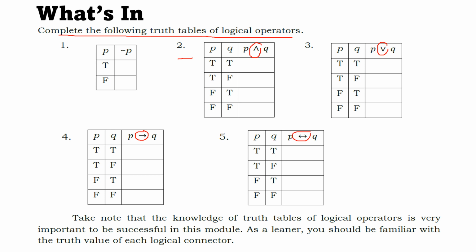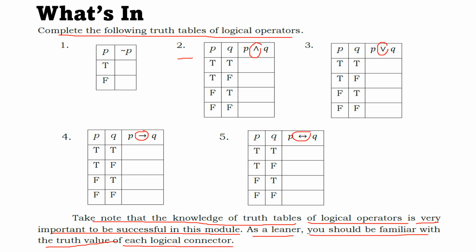Take note that knowledge of the truth tables of logical operators is very important to be successful in this module. As a learner, you should be familiar with the truth value of each logical connector.